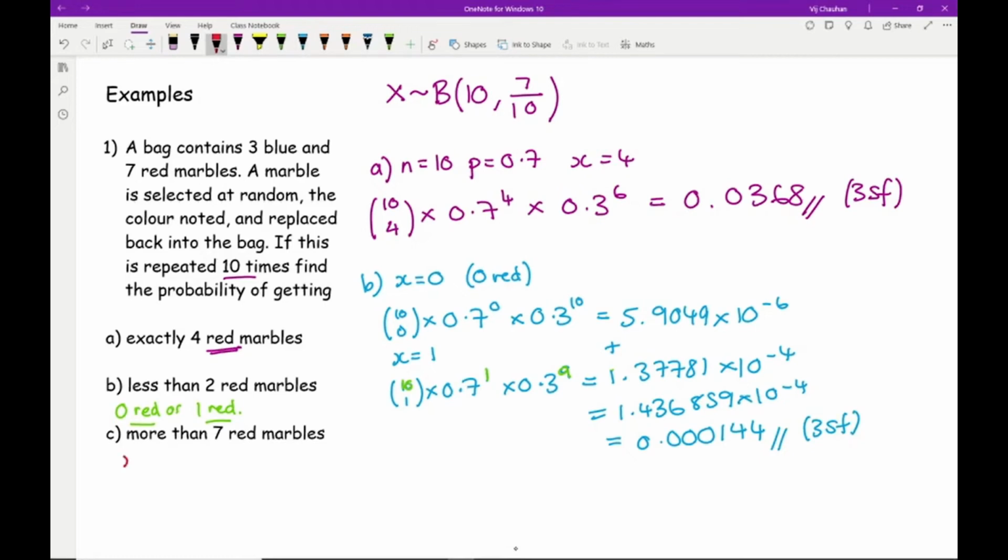And then finally for C, more than 7 red marbles, that's going to be where I'm looking for either 8 red, 9 red or 10 red. So here I'm going to have to do 3 different calculations.